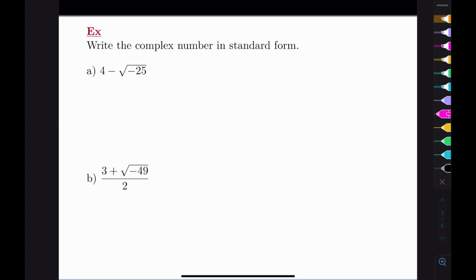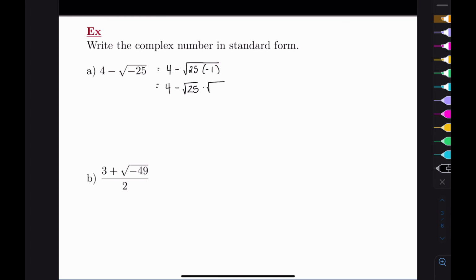Let's get some familiarity with putting something in standard form. I'm going to take a long time to do this first problem, but pretty much anytime you see a minus sign under a radical, immediately it's going to turn into an imaginary number. So if I go to simplify this, using our properties of square roots, we can write -25 as 25 times -1. And then from there, remember, we can take the square root of each thing individually.